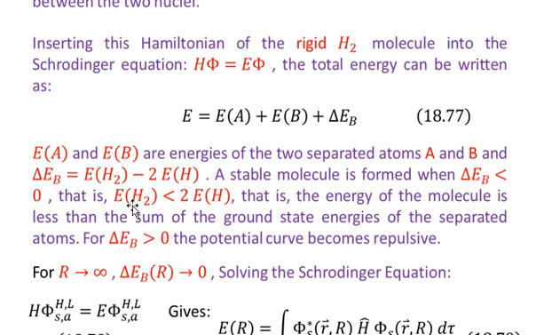Due to that, E of H2 is less than twice E of H. That is, the potential energy of the hydrogen molecule should be slightly lower than twice the energy of the individual hydrogen atom in atomic form. That is, the energy of the molecule is less than the sum of the ground state energies of the separated hydrogen atoms. And for delta EB greater than 0, the potential curve becomes repulsive.